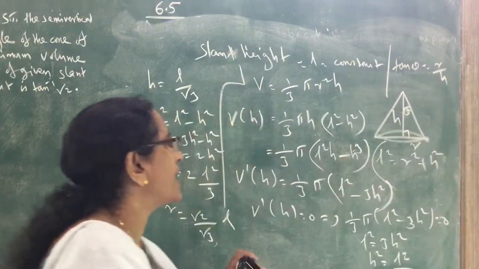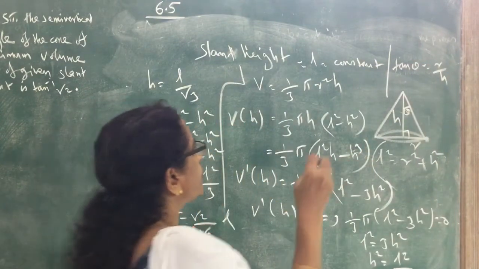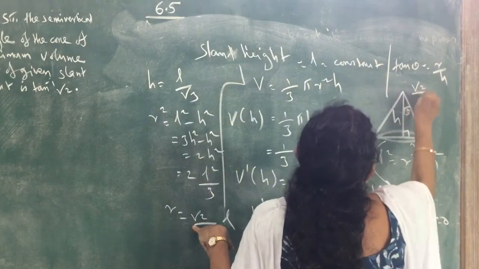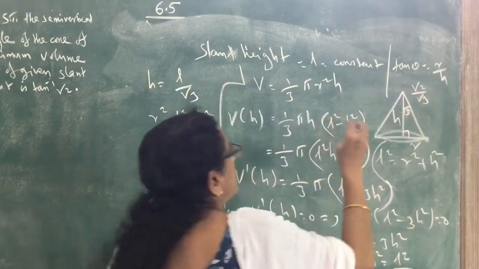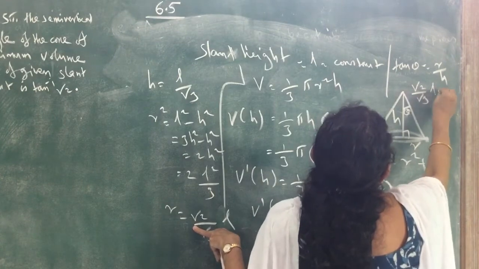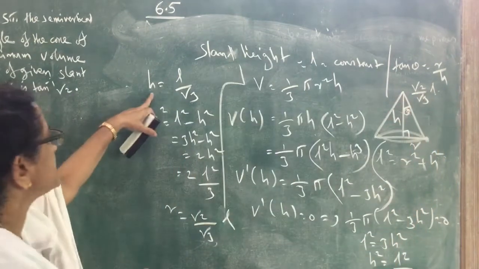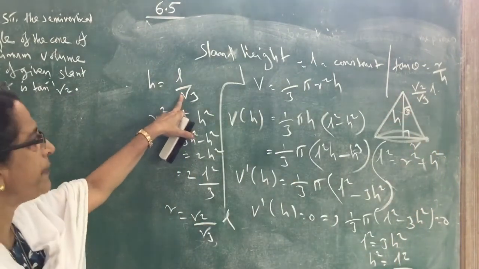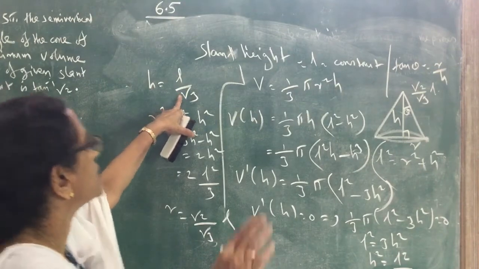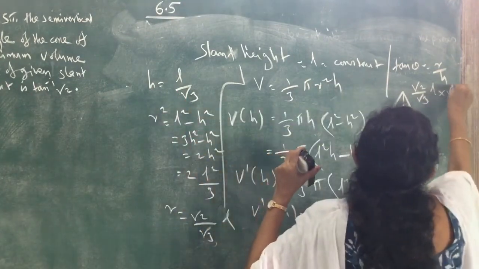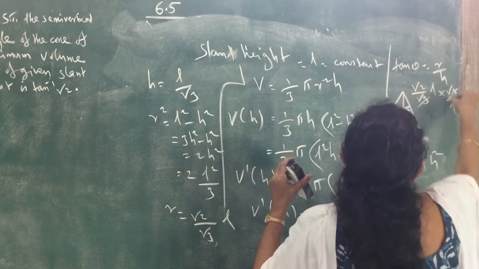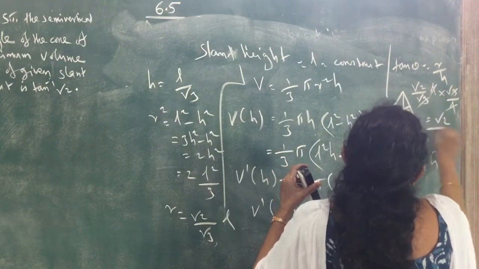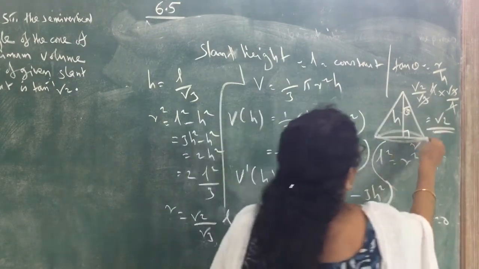What is r? Root 2 by root 3 into L, divided by h. h equals L by root 3. So divided by h means we multiply by the reciprocal, root 3 by L. So root 3 cancels, L cancels, we get root 2.